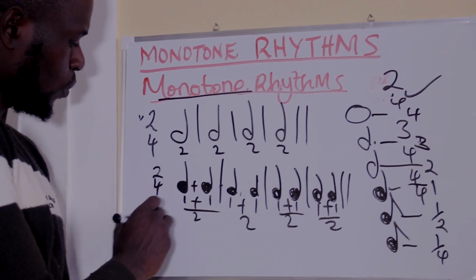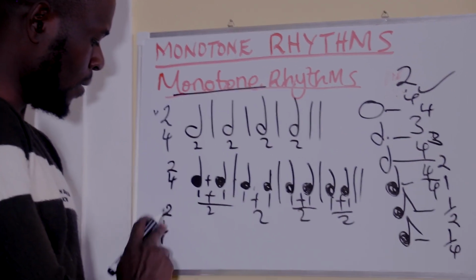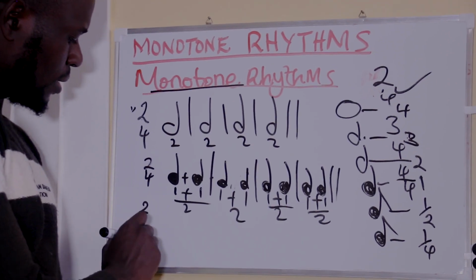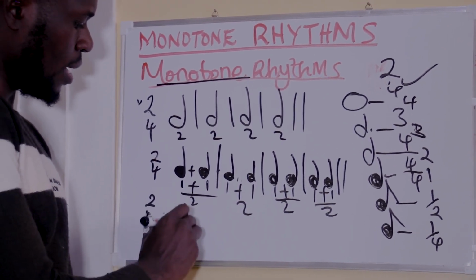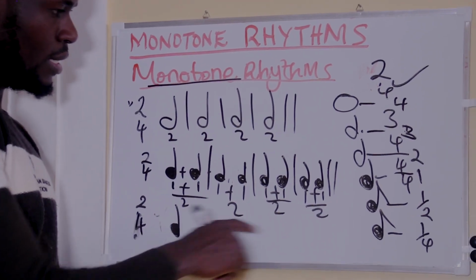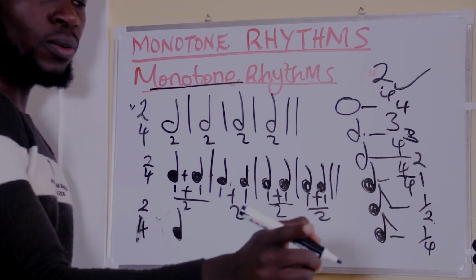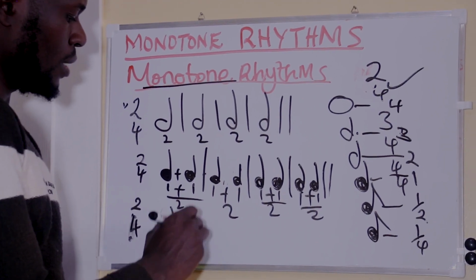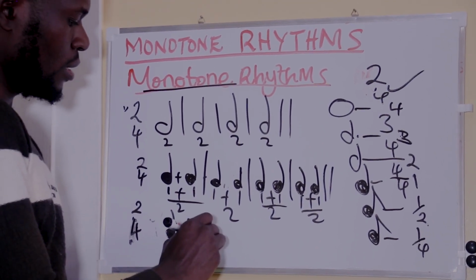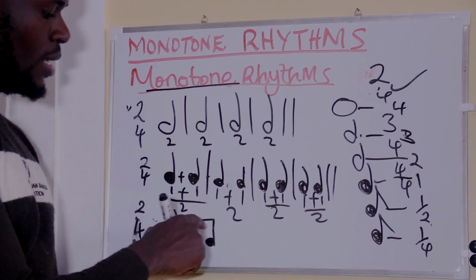The last example, 2/4 time signature. We can still have a crochet, which is 1, then a half plus a half is equal to 1. So we have 2 of this one, which is a quaver. You'll come to talk about beaming later.